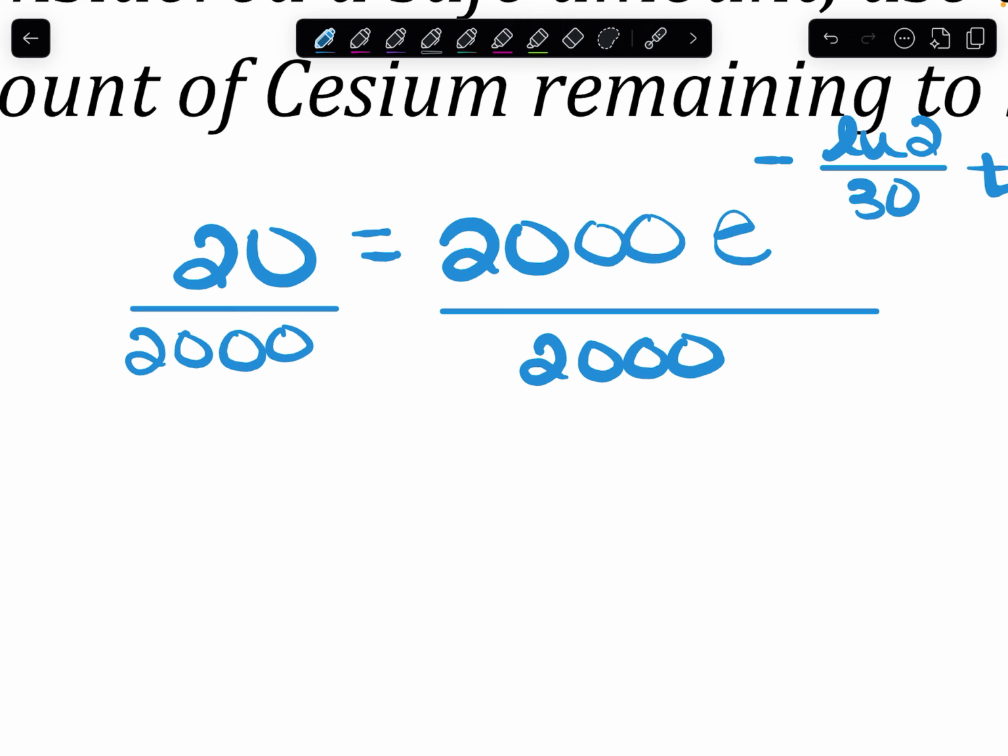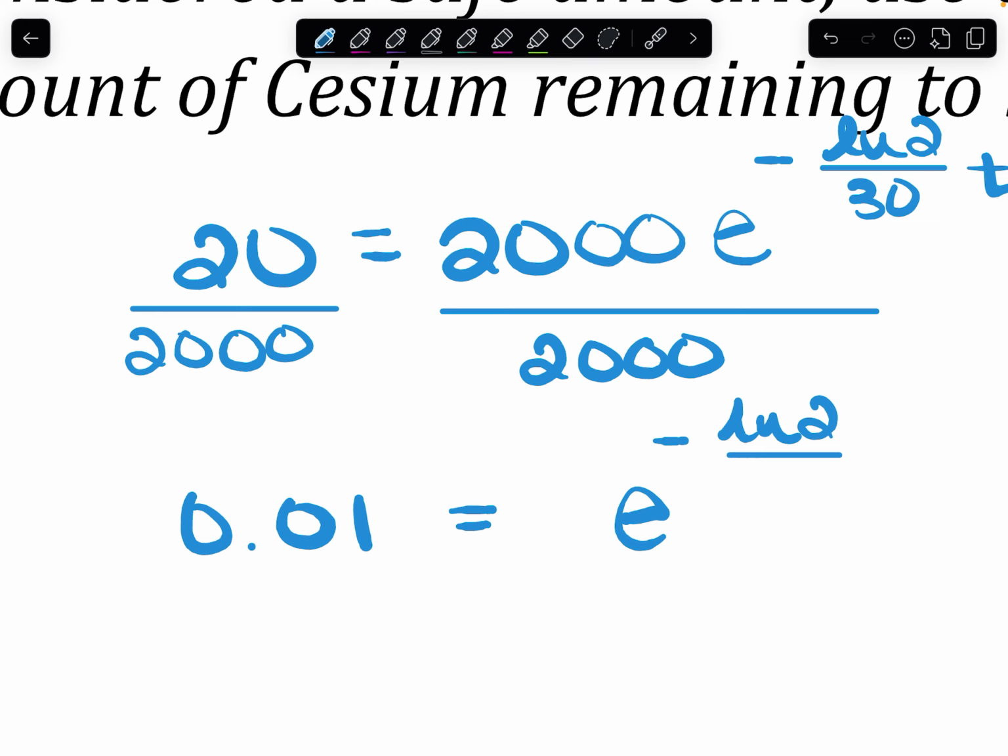When we divide, it is a nice, pretty decimal, so it's your choice, fraction or decimal here. Since the decimal's pretty, I'm going to use it: 0.01 equals e to the negative ln 2 over 30 times T.